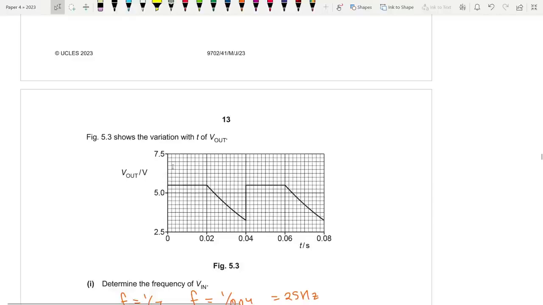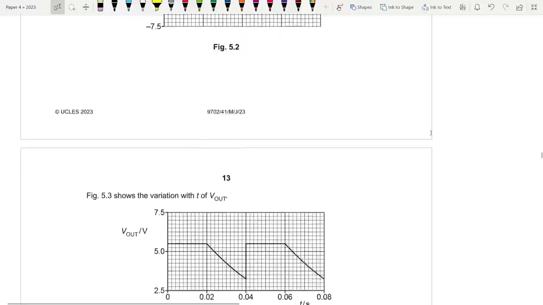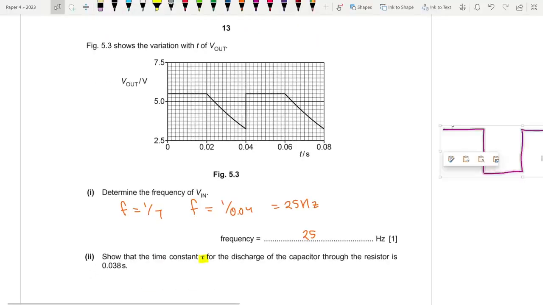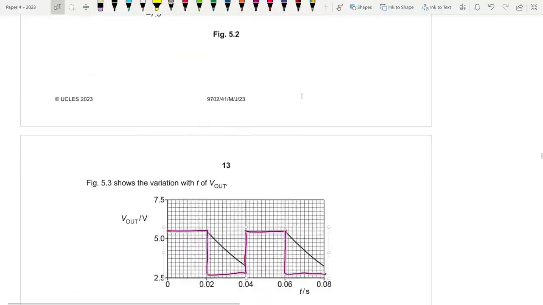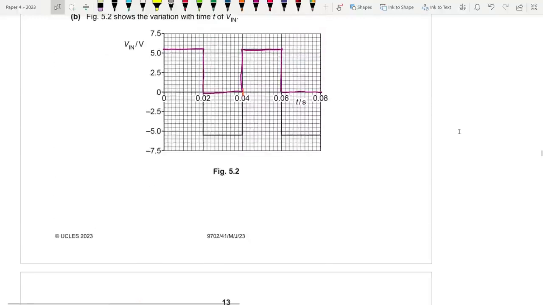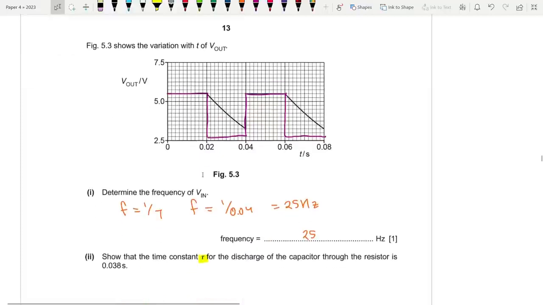So how is this different over here? Match the one I just drew with the one that is given. Wait, why is it much higher? That's weird. It went above 0.